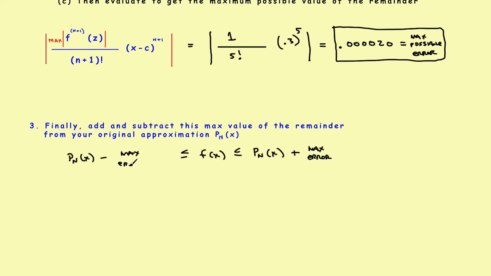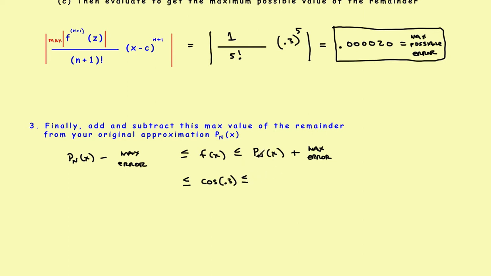So you can write it like that. Okay, now to fill these in specifically, what we had was this. Our f of x was the cosine of x. And in this case, it was actually the cosine of 0.3.